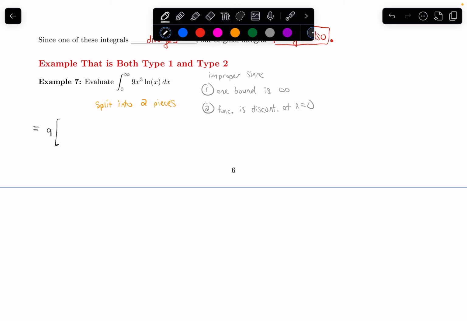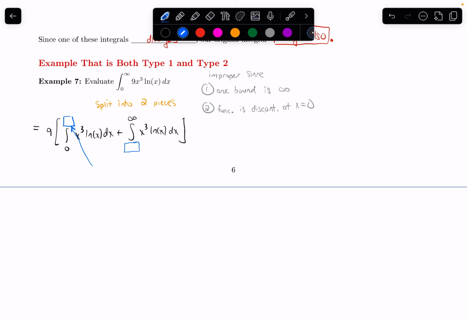So I got this 9, I'll put a big old bracket, and now I'm going to split up my integral. So I'm going to go from 0 to something, and then I'll write my function, x to the third ln of x dx. And then I get plus another integral that starts wherever that first one ended. So I'll just put an empty box up until infinity, and then my function, x to the third ln of x dx.